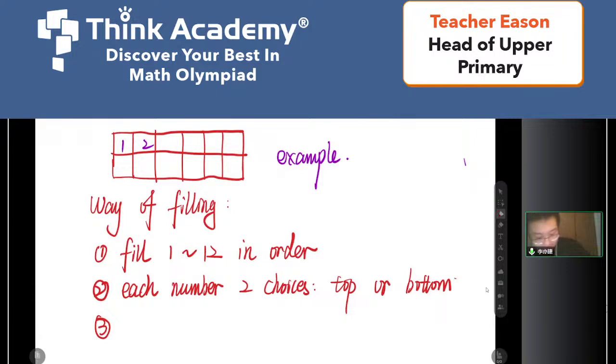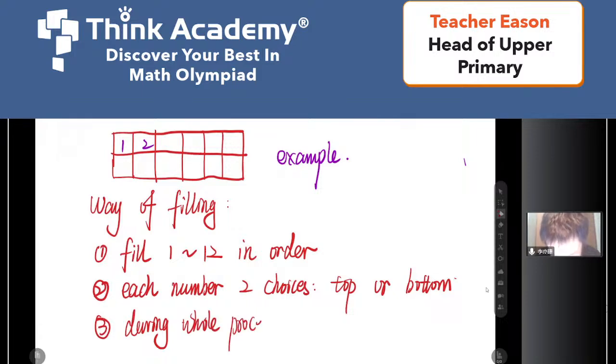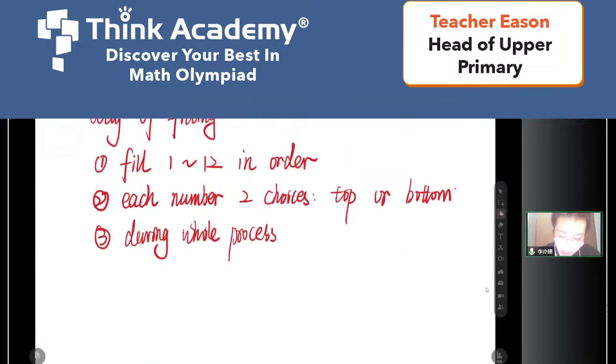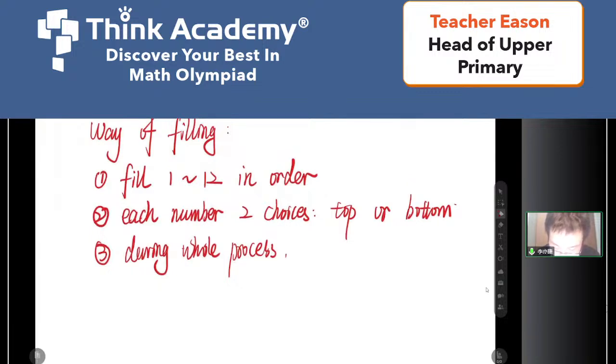Now the way is that when we write the numbers down, during the whole process, the number on top must always be no smaller than the number on bottom.